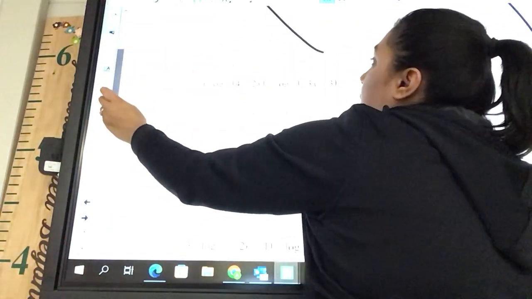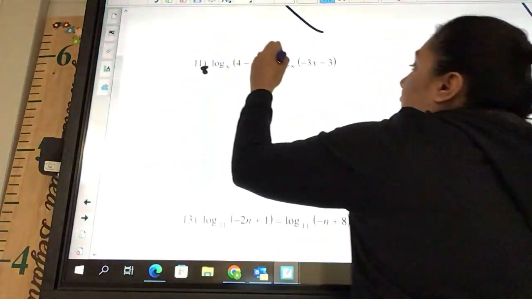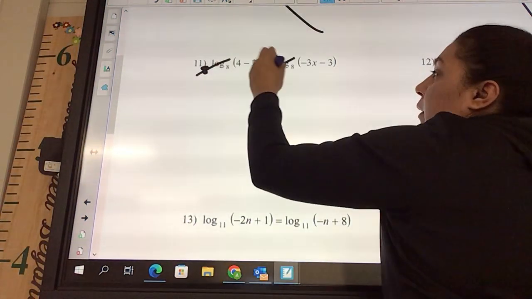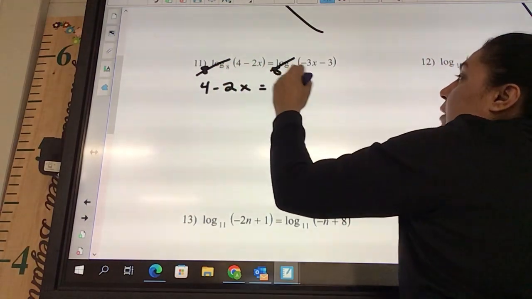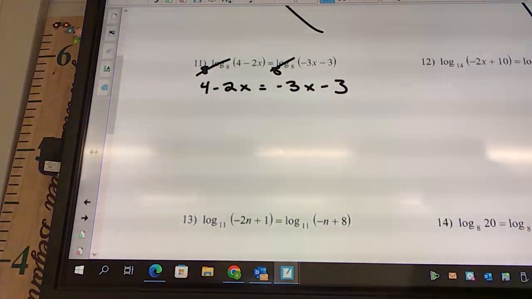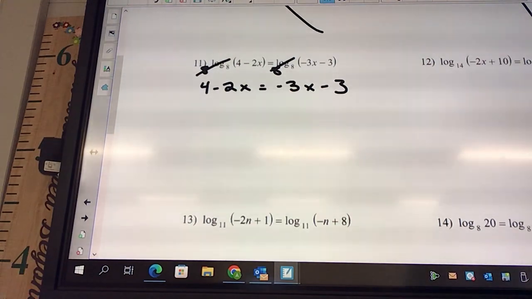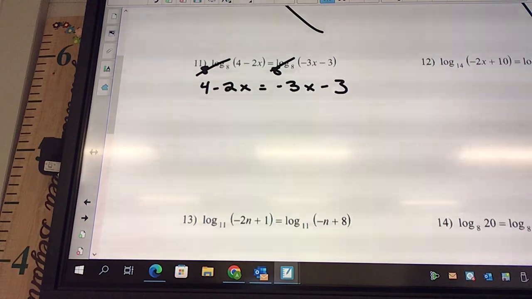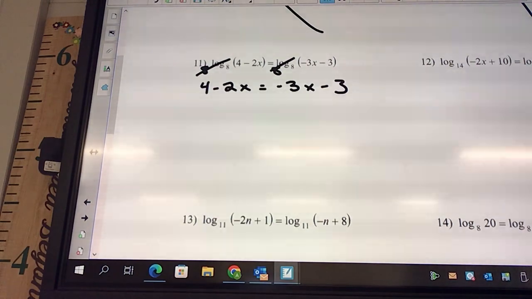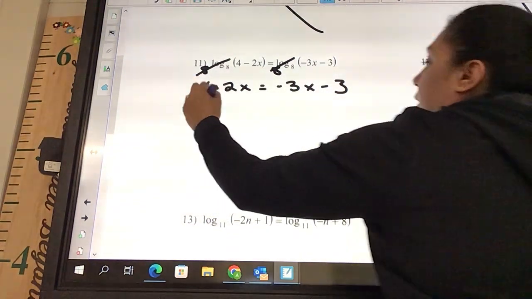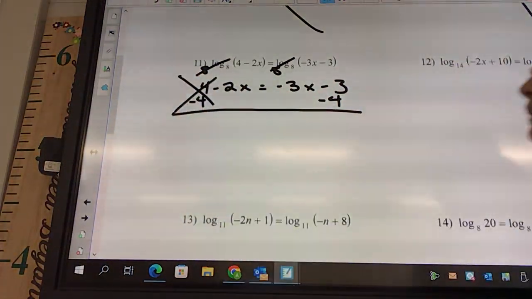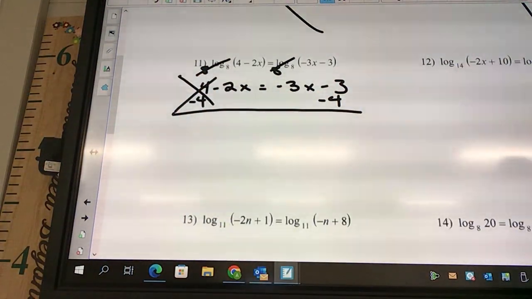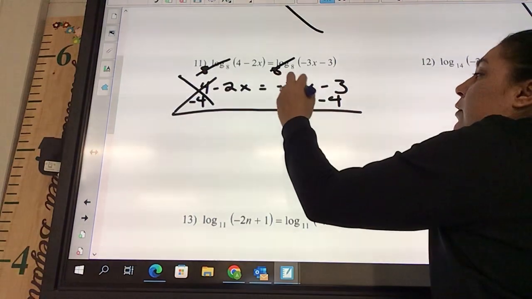Okay, 11. We're going to say to the 8, to the 8. So I got 4 minus 2x equals negative 3x minus 3. What needs moved? The 4 needs moved. And what are we going to put that under? Under the 3. What else needs moved? The 3x needs moved.